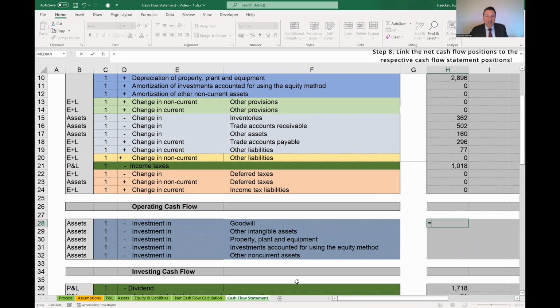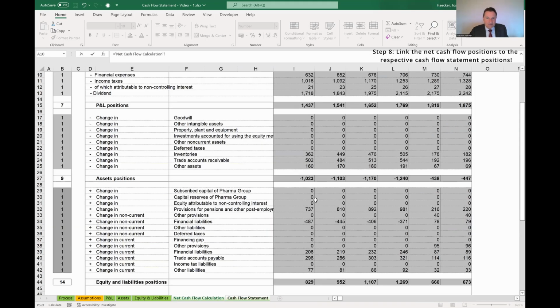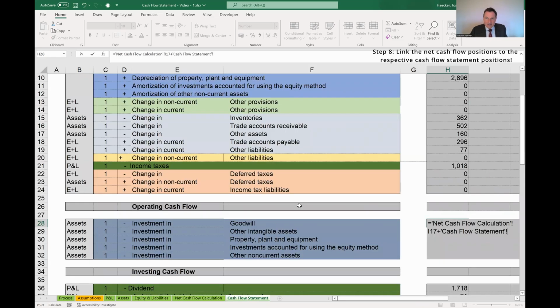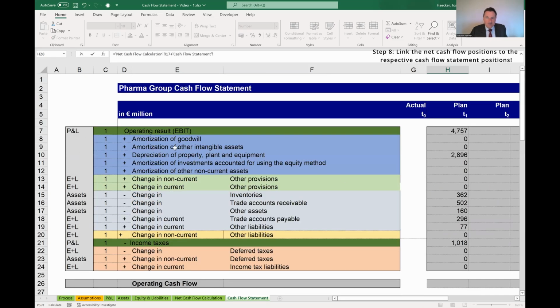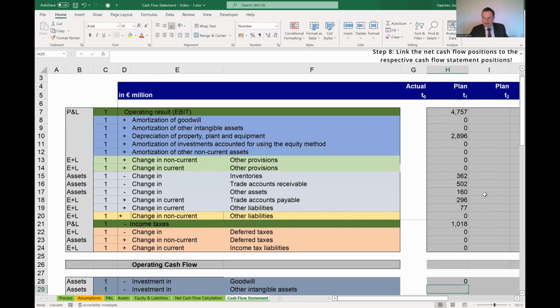This is my change in goodwill, which is marked here. But now I need to add the depreciation and amortization of my respective position, which is here amortization of goodwill, this one here, and press return.